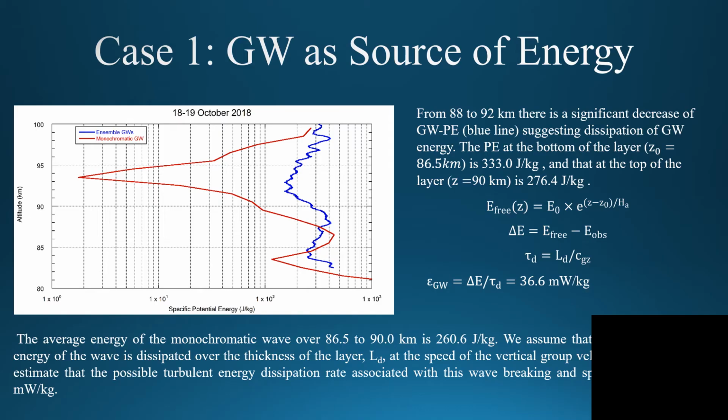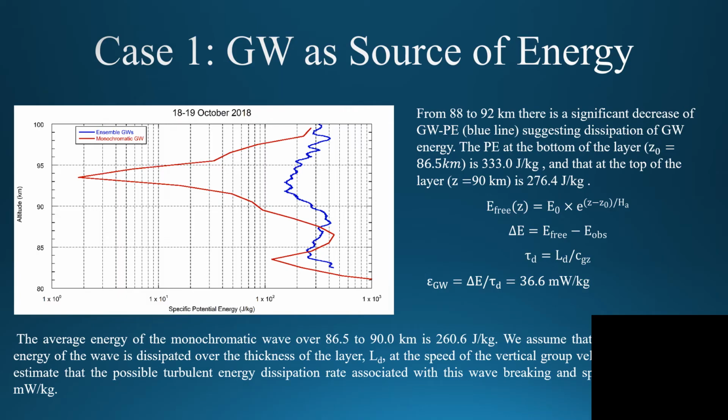We estimate an energy dissipation rate by gravity waves of 36.6 milliwatts per kilogram, which is larger than the value we estimated in the last slides. Meanwhile, the average energy of the monochromatic wave over the layer of diffusion is this value, and we assume that this energy is totally dissipated, because it's very clear that the wave energy goes to a very low value, very close to zero.